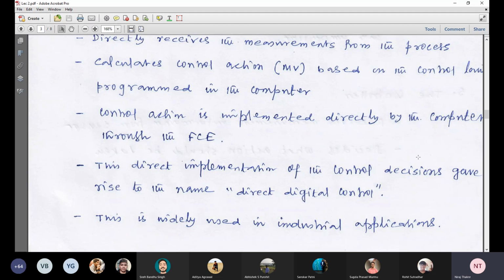Abbas Sarkar, 10001 17CH. Abbas Sarkar. Yes, sir. Yeah. What equations are programmed in the computer for this DDC? You know or not?